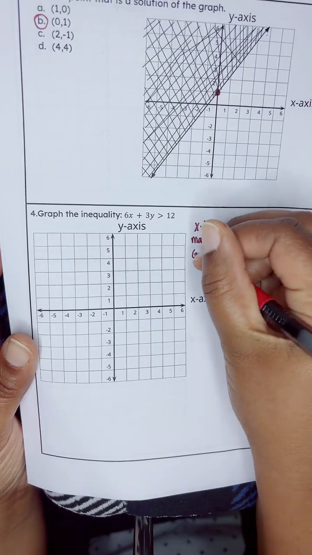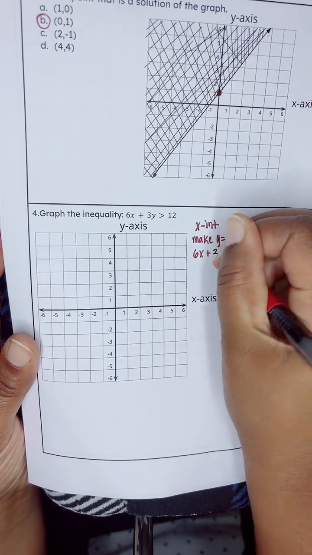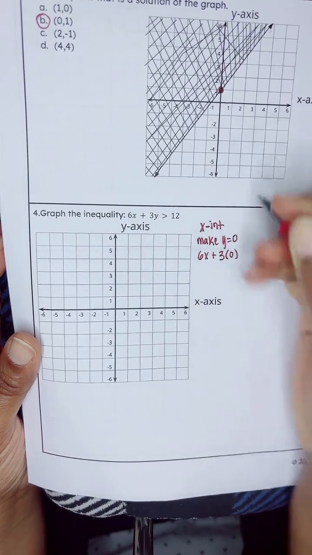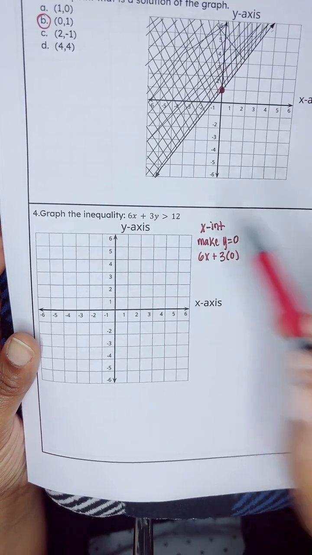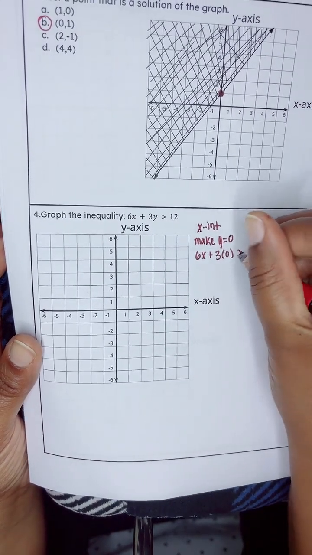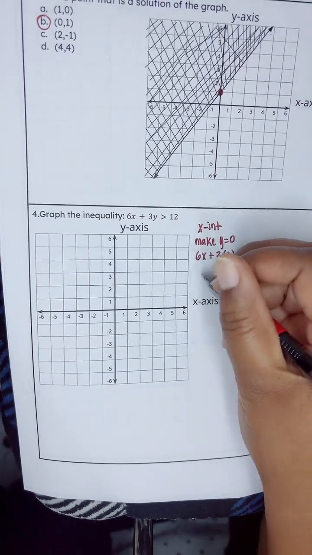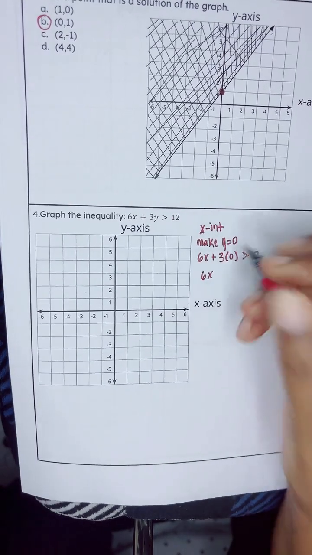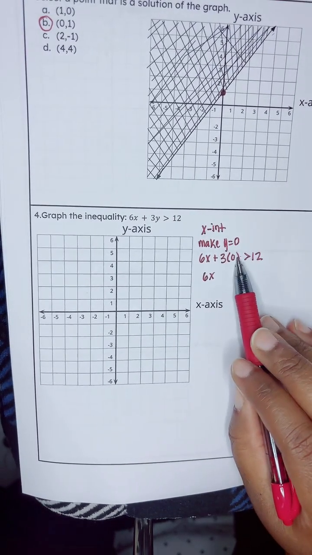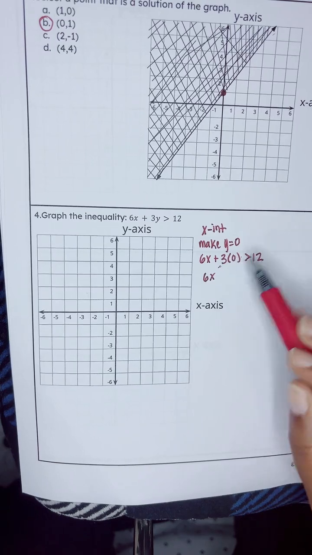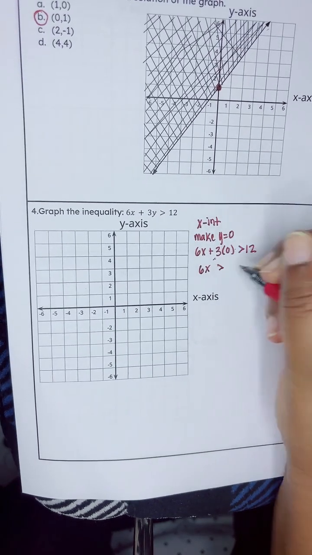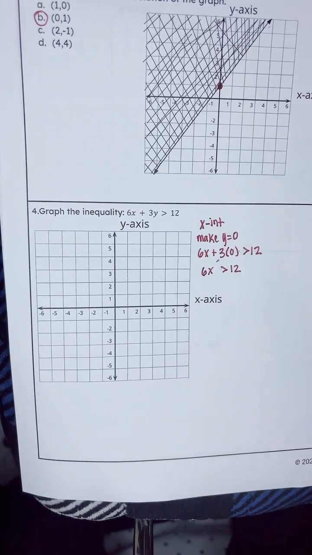So then I'm going to put 6x plus 3 times 0, because whenever a number is attached to a letter, they're multiplied, and then greater than 12. All right. So now we have 6x. Now 3 times 0 is just 0. So this goes away. And we can drop down our greater than 12.